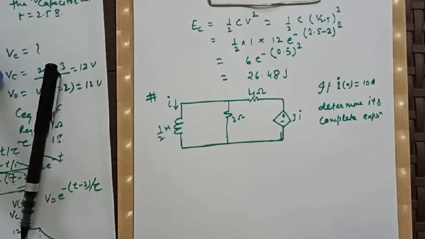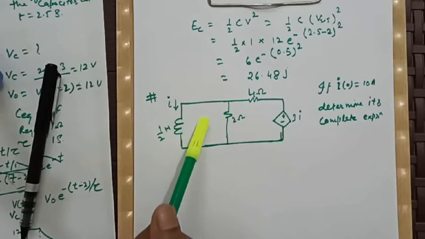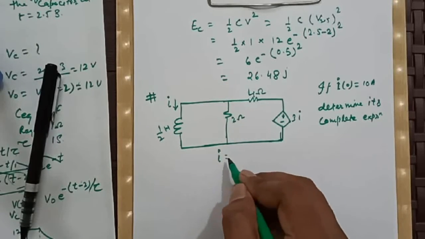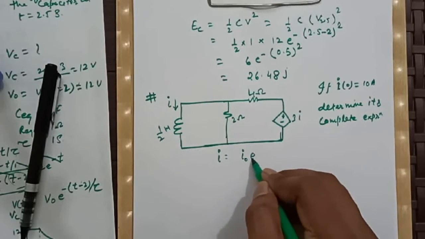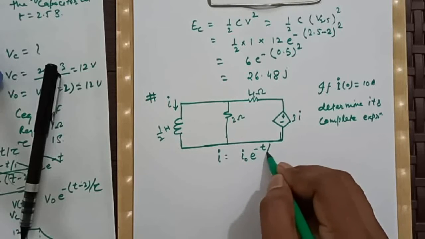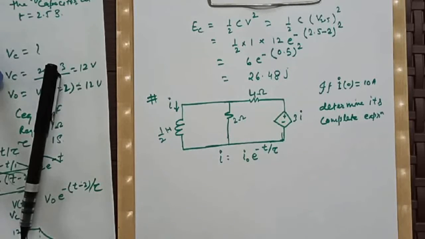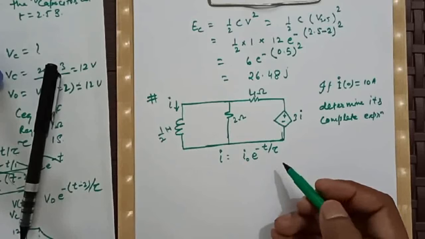Right. Now see, since a dependent source cannot generate energy on its own, this is also nothing but a source-free first order RL circuit. Now we all know that the current expression for this kind of circuit will be of the form I is equal to I naught e to the power minus t by tau, right?